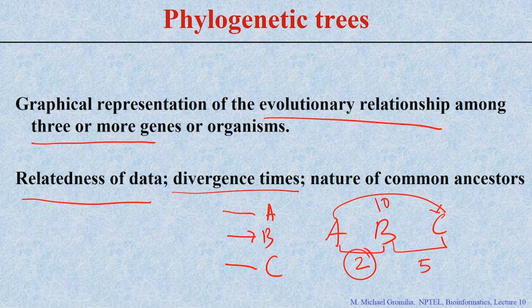Okay, this much time takes to get the divergence from one organism to other organisms. Then you can see the nature of the common ancestor, right. If you make a tree, you can see what the common ancestor will be. For example, here A and B are close to each other, so they may have a common ancestor, right. Likewise, you can see the common ancestor when you construct phylogenetic trees.